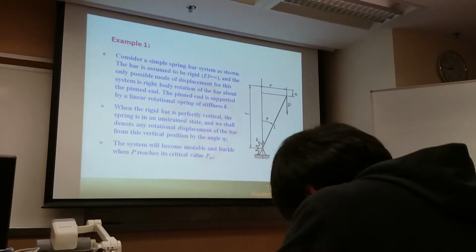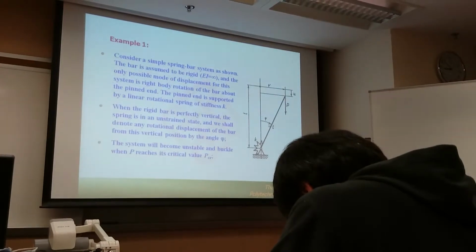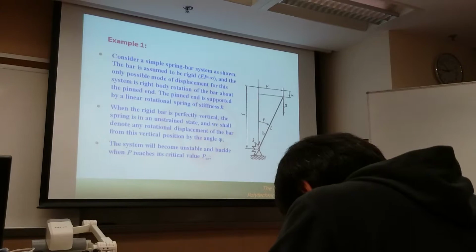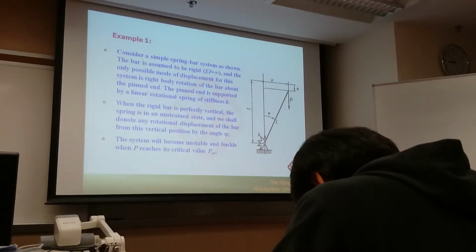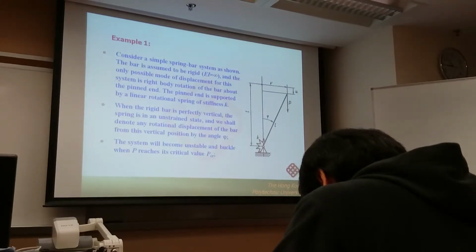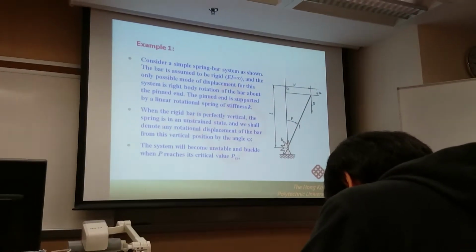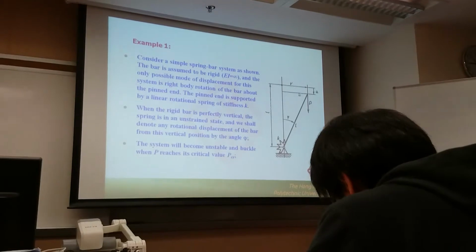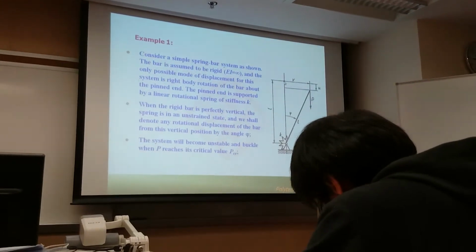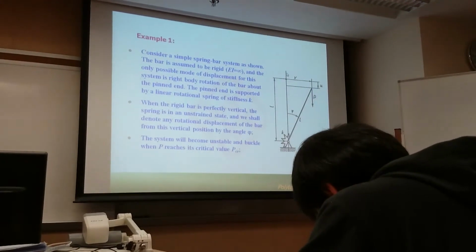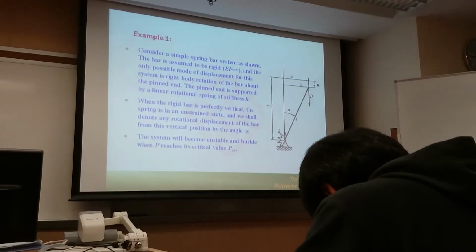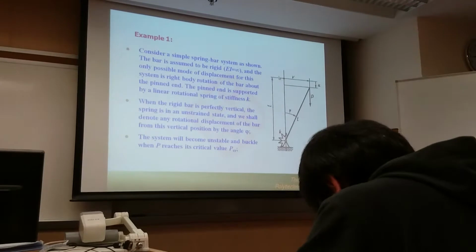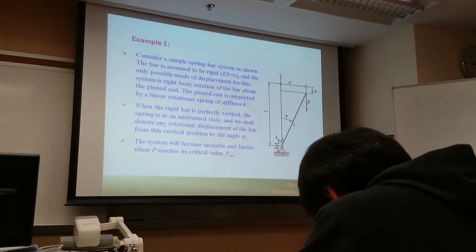Here we consider a very small disturbance. Please understand, this is a very small disturbance, and the rotation angle is any value. Then this rigid bar has a rotation, and this rotation makes the point move from its original location to a new location, and the column is subject to a vertical force.